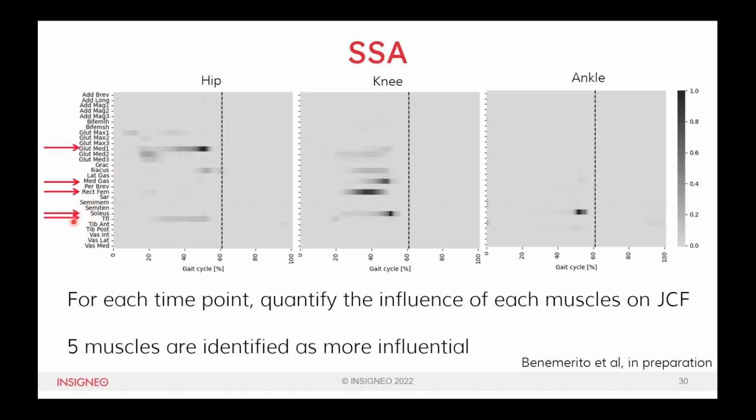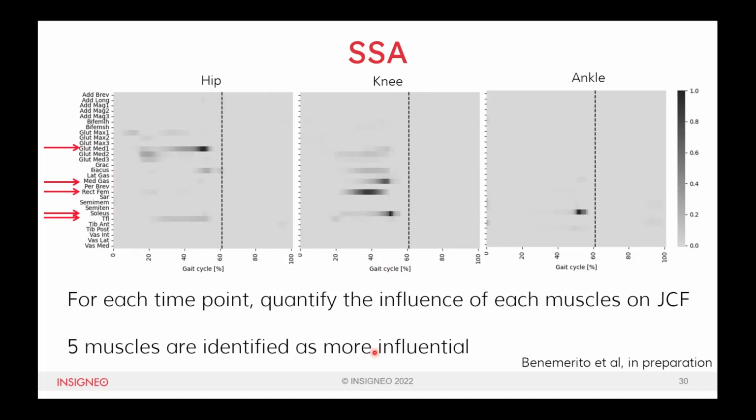We identified which muscles had the higher contribution to the joint contact force during the gait cycle, and we were able to identify 5 muscles that had a higher influence on the determination of the joint contact forces.